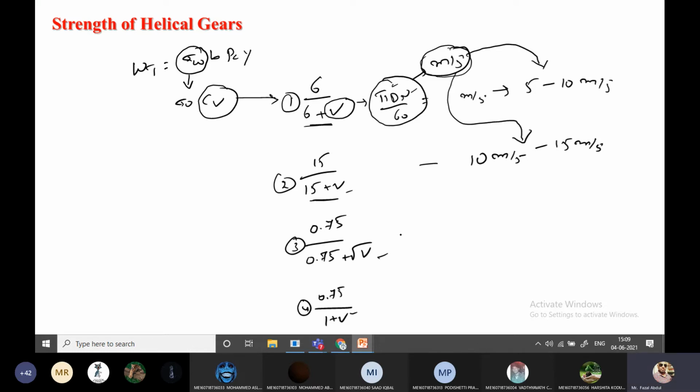The third one is 15 to 20 meter per second. The last one is for non-metallic gears. If you find non-metallic in the problem, blindly you can select this one.